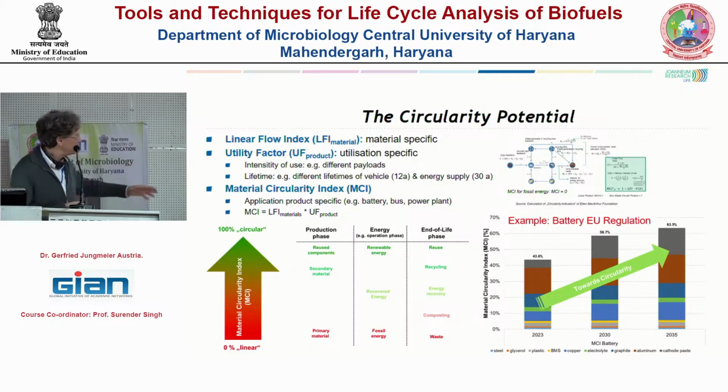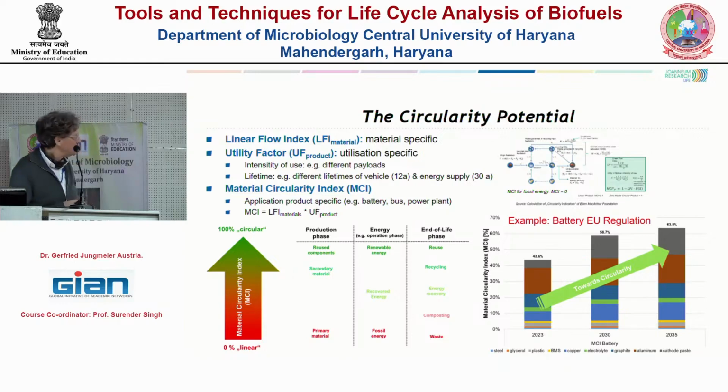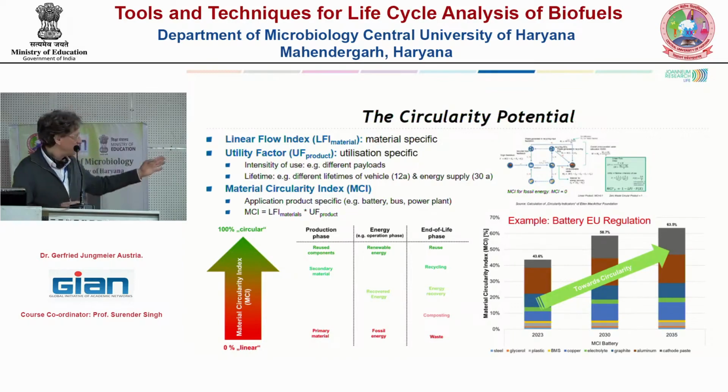Here's one example: we have a battery regulation in Europe because we have so many battery electric cars now. So they put a regulation in place that for future batteries, we must use more secondary material when we make new batteries, and we have to increase the recycling at the end of life of the batteries. The regulation gives you clearly how much of the lithium, the cobalt, and the copper has to be recycled.